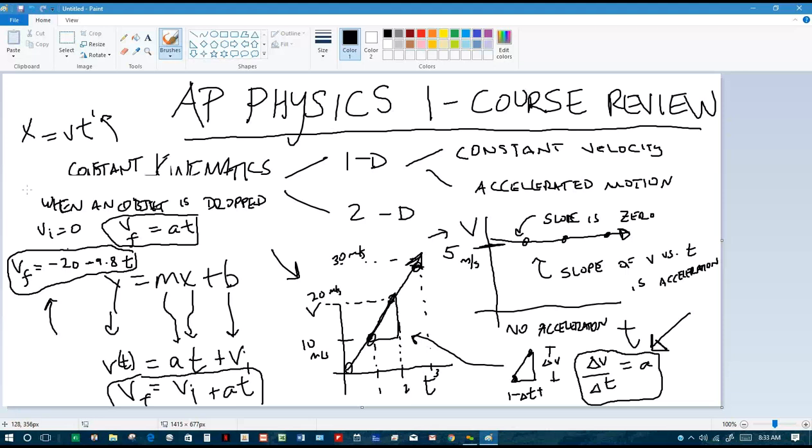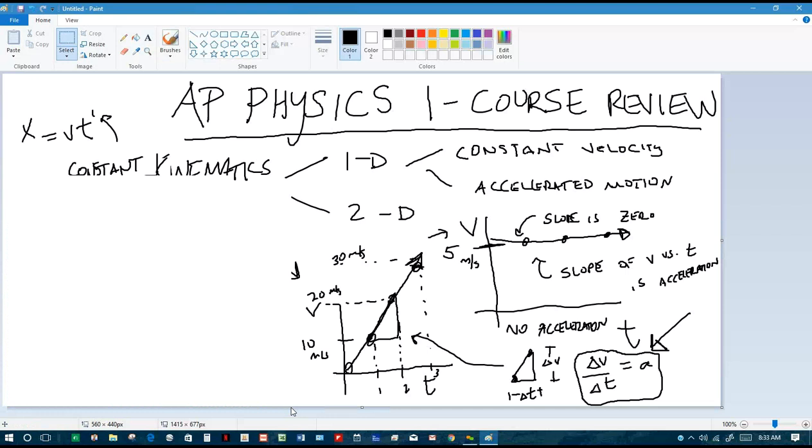Okay? All right. So there's one more kinematic equation, and then we'll have more or less reviewed. Well, there are a couple other things, but we can comment on them quickly.